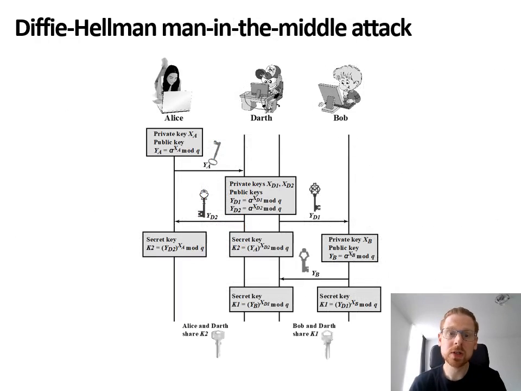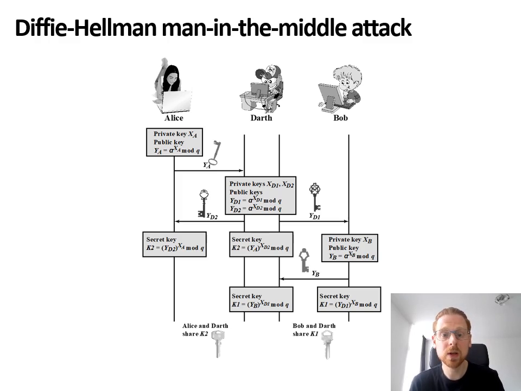However, if we use Diffie-Hellman in the same way to exchange session keys as I explained before, we still run into the same problem of a possibility for a man-in-the-middle attack. Here you see the man-in-the-middle attack I explained before adapted to Diffie-Hellman key exchange.